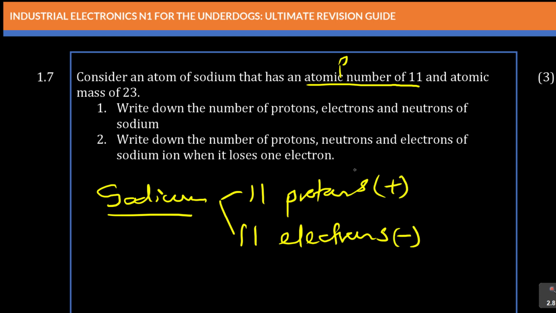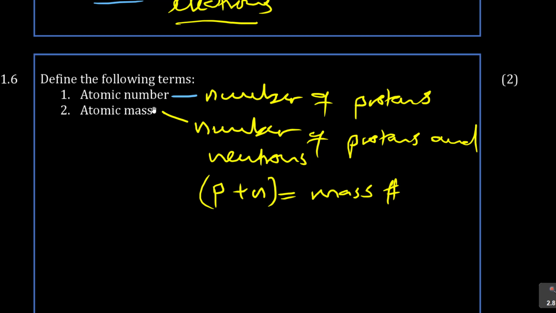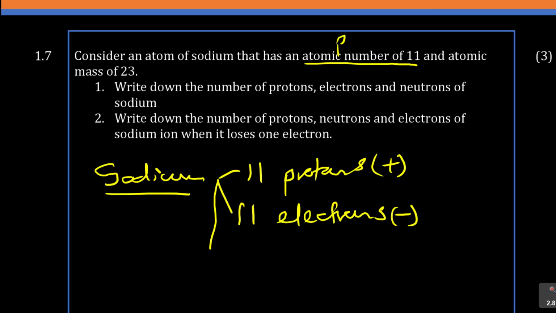So if protons are positive, the electrons must be the same number with a different charge, so that they are neutral. And now look at this. We said the neutrons of sodium. Now we said the mass number, or the atomic mass, is the number of protons and neutrons. So when you add protons and neutrons here, the mass number is equal to protons plus neutrons.